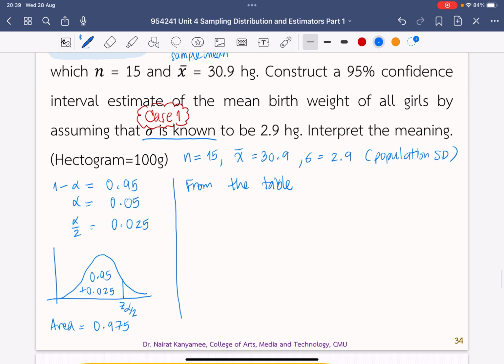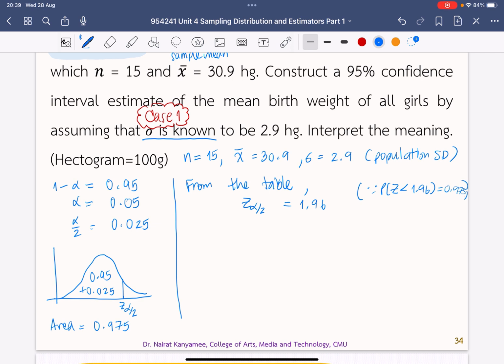From the table, z alpha over 2 is 1.96 because P of Z less than 1.96 is 0.975.